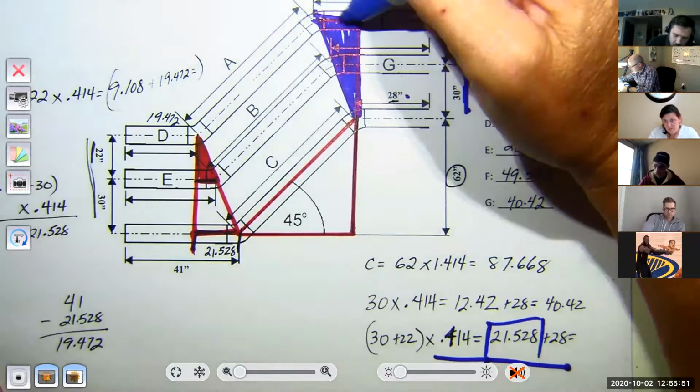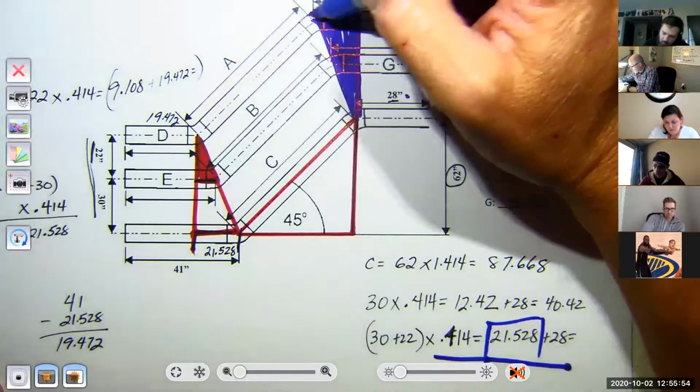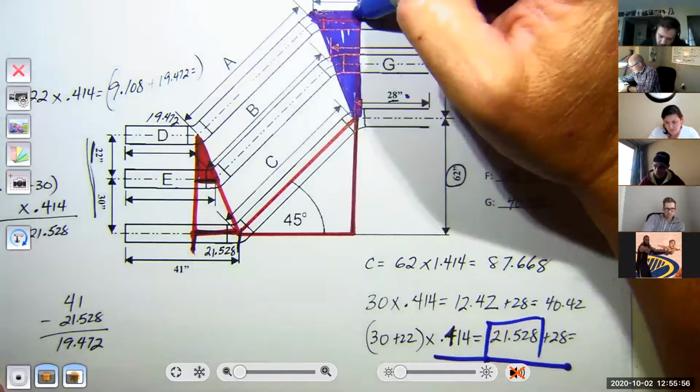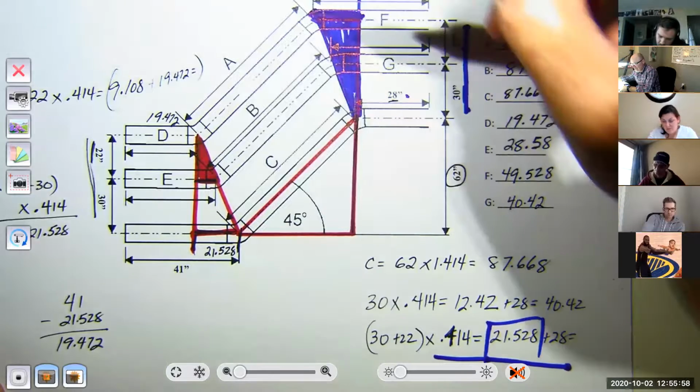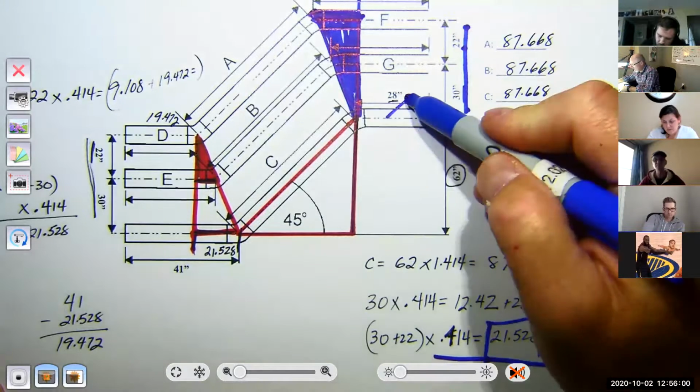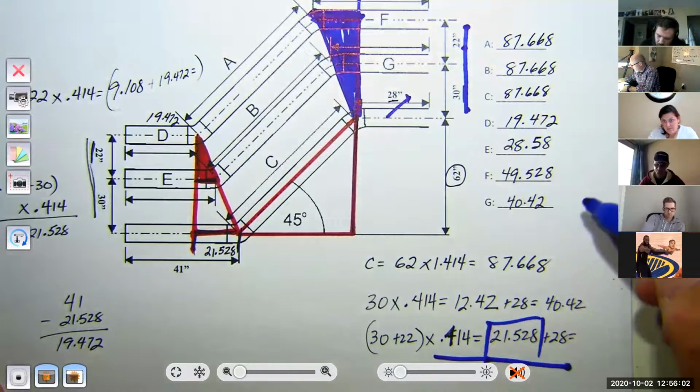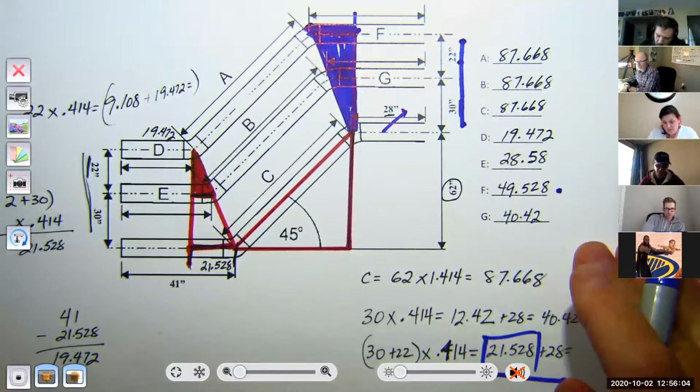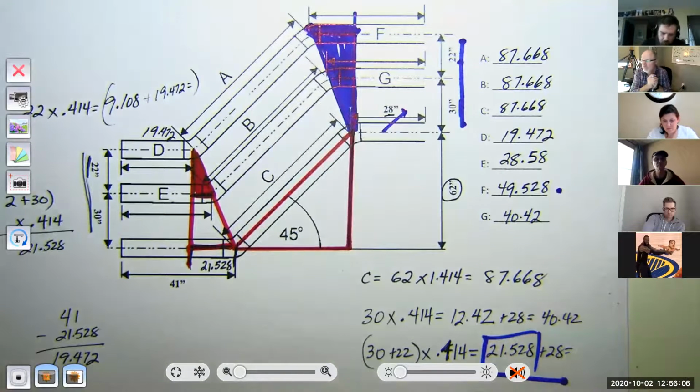So this measurement right here is 21.528, and I added that to 28 to get 49.528. Thanks, Doc. You're welcome.